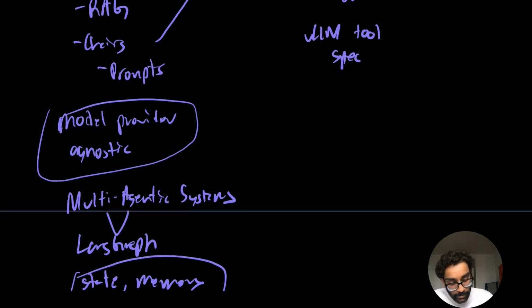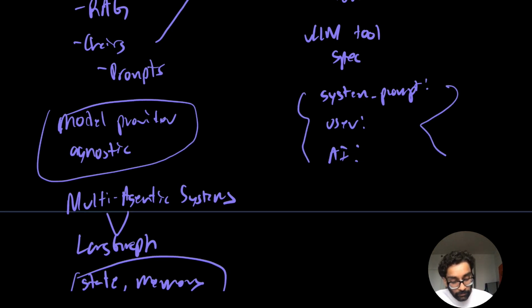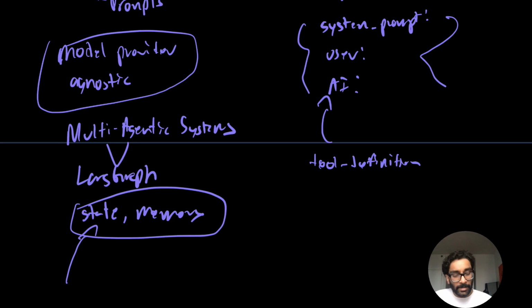And within this, if we remember, when you pass in a payload to vLLM, you have your system prompt, and that defines the instructions. You have your user, and then you have your AI, or kind of like the LLM that's responding. To this entire messages schema, this format, you can basically add a tool definition. And in this tool definition, I think it follows the OpenAPI specs.